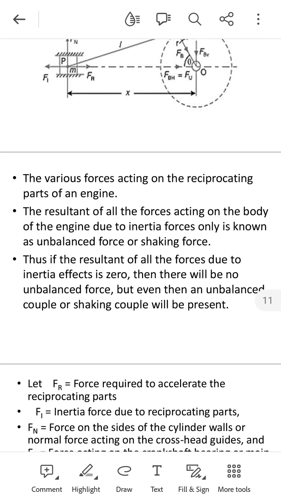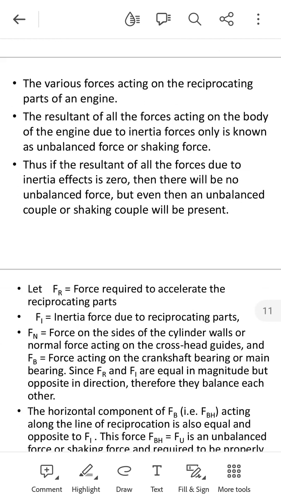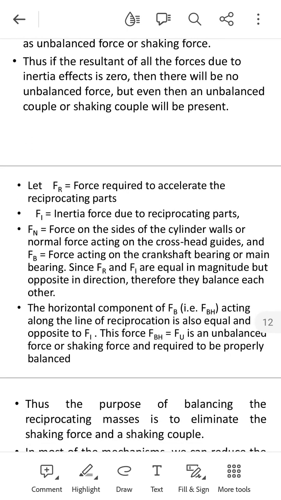Let Fr be the force required to accelerate the reciprocating parts, and Fi the inertia force due to the reciprocating parts. Then Fn is the force on the side of the cylinder walls, or normal force acting on the guides, and Fb is the force acting on the crankshaft bearing or main bearing.